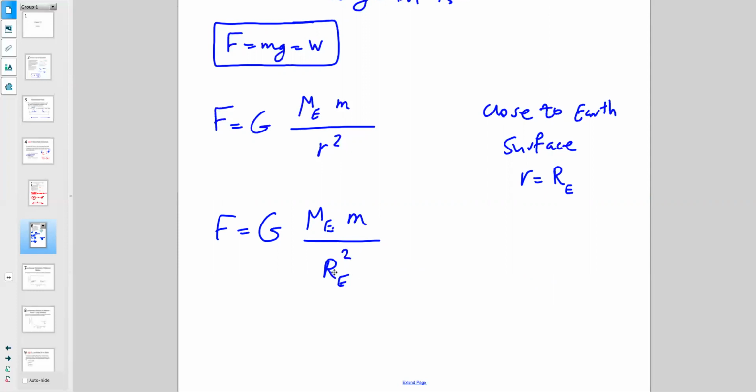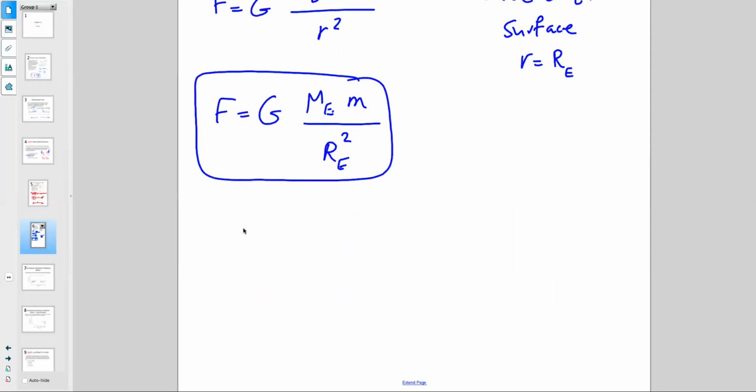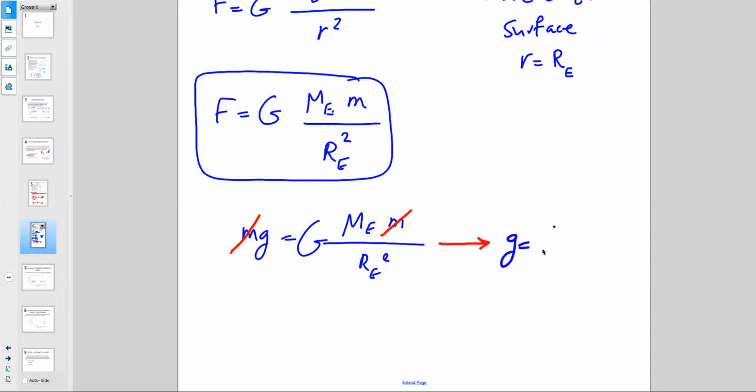So these two should be equal, right? In other words, I have mg being equal to G times m of Earth times m over R of Earth squared. Now I can cancel out this m from each side, and I will be left with g being equal to capital G, the gravitational constant, times the mass of the Earth, over the radius of the Earth squared.